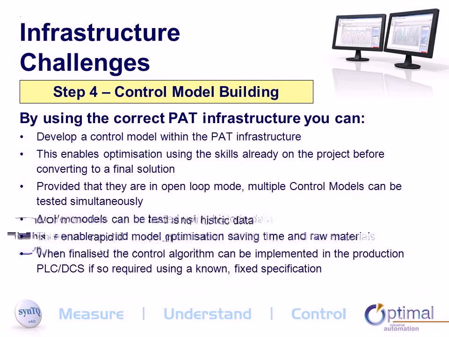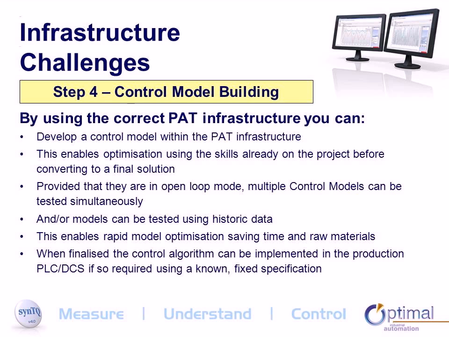By using the correct PAT infrastructure, you can develop the control model within this system. This enables you to optimize the control model using the skills that you may have already on board. Provided the control models are tested in open loop, this also gives the ability for you to be able to test multiple control models at the same time. You can maybe close the loop on one control model, but obviously closing the loop on more than one is not possible.